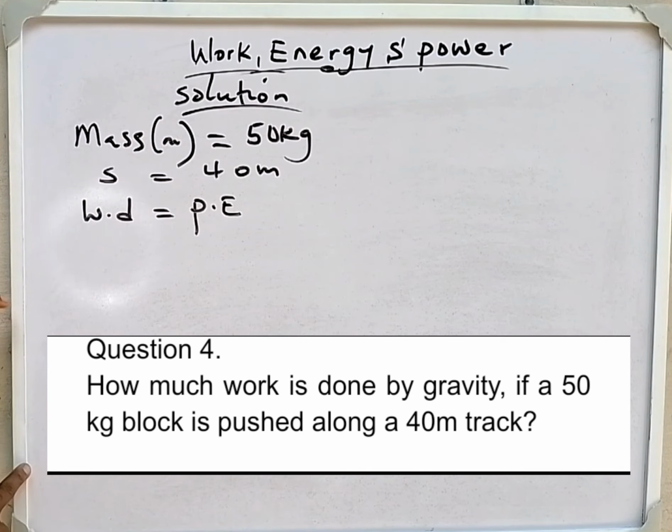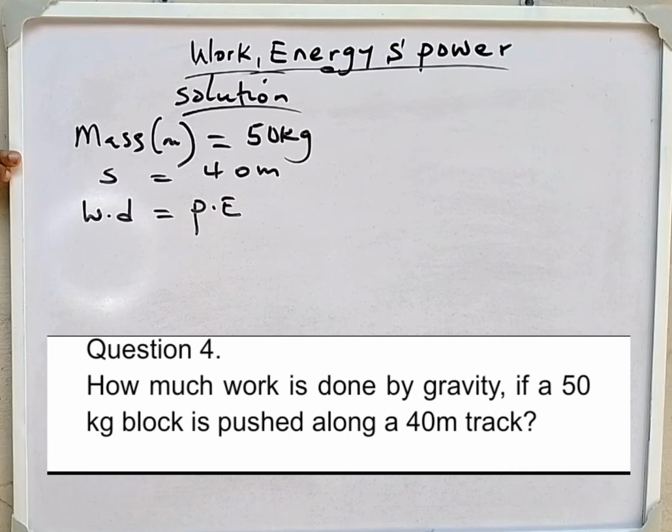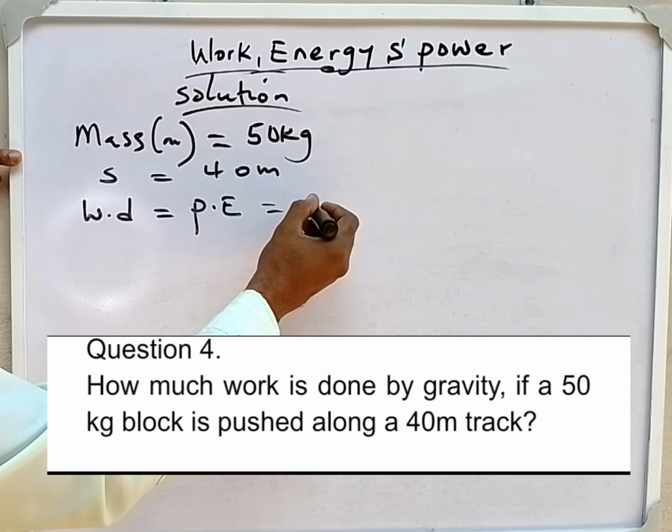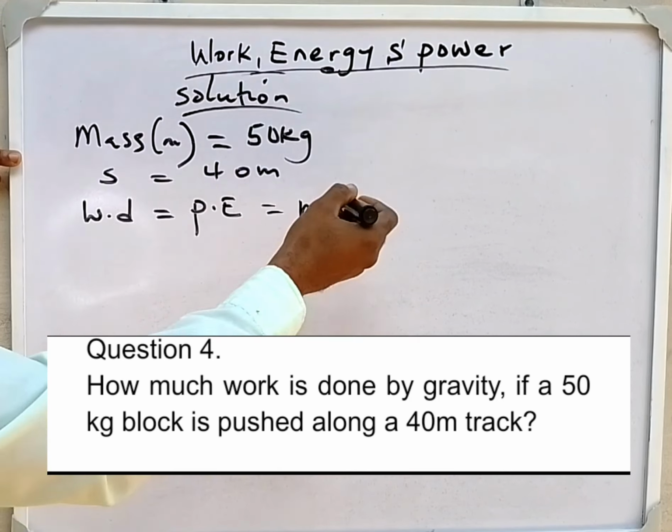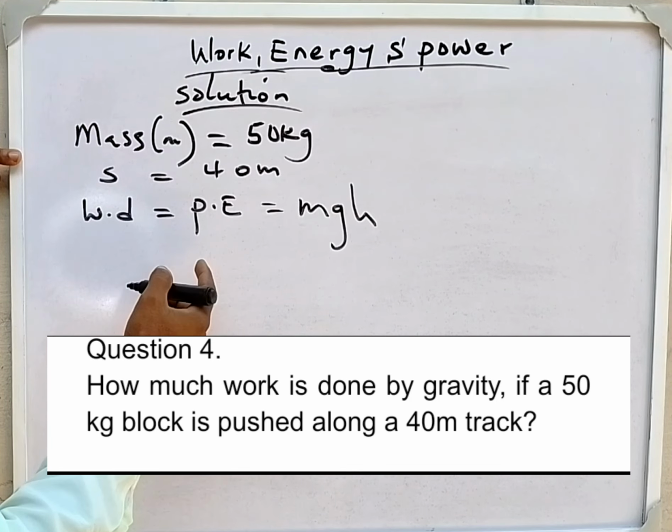Take note, anytime you're asked to calculate work done by gravity or work done against gravity, both of them represent potential energy. So potential energy is given by mgh. So we can find out what the work done is.